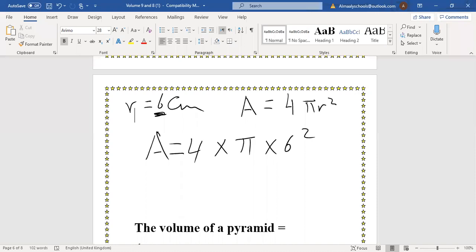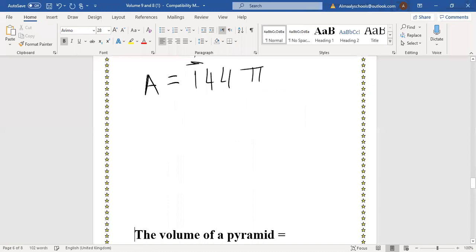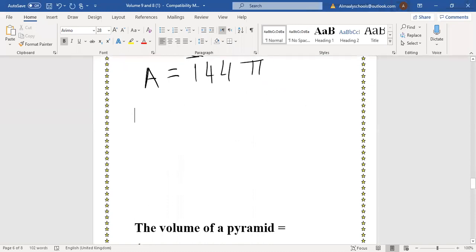So it will be 4 multiplied by pi by 6 squared, and 6 squared equals 36. Multiply by 4 equals 144 pi. You can write A equals 144 pi, or multiply 144 by pi using your calculator, no problem.